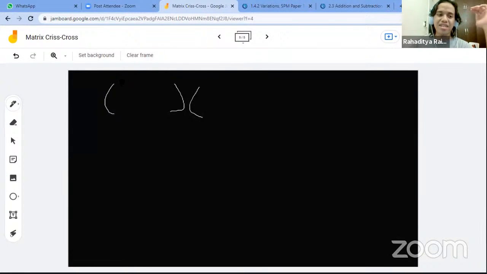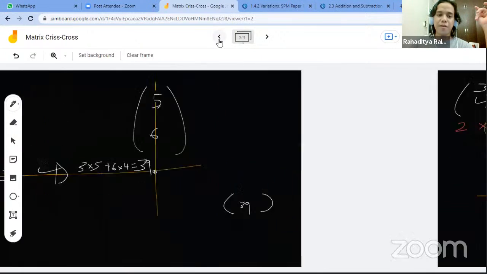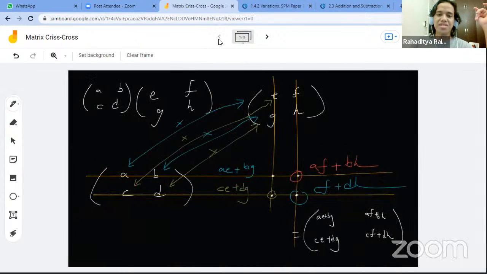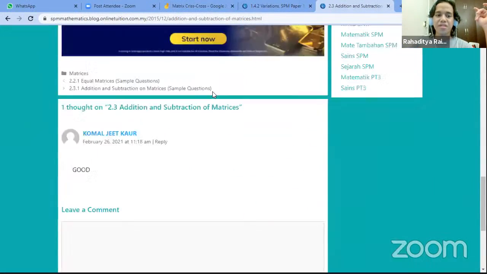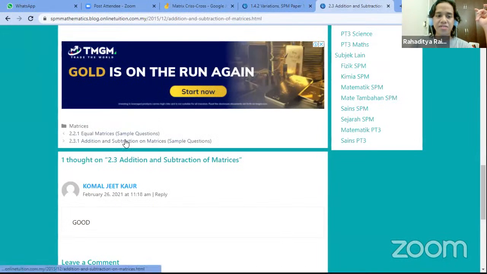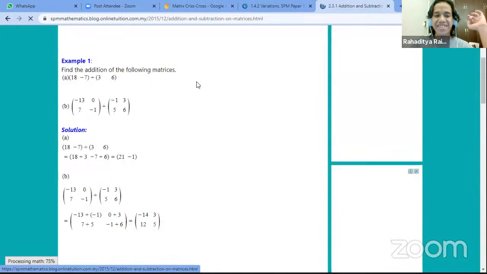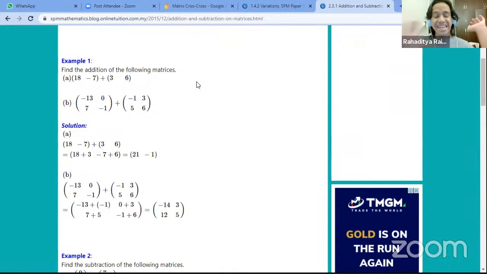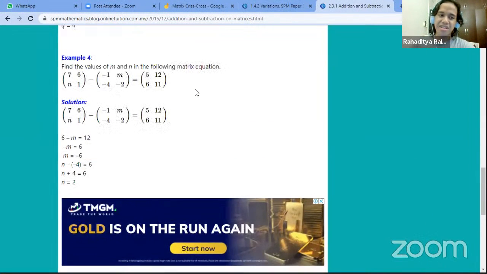Let's look for a question. But yes, if you struggle with multiplication of matrices, that is completely understandable, because everyone struggles with it. It's something that no one is familiar with when you first see it.